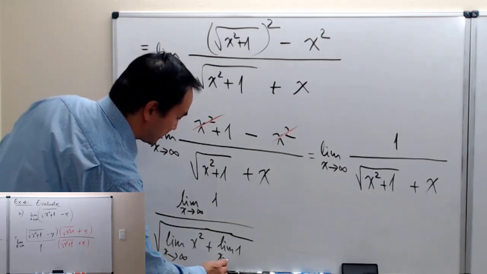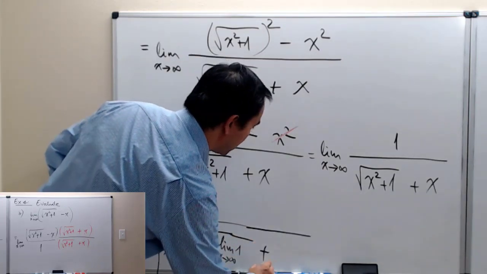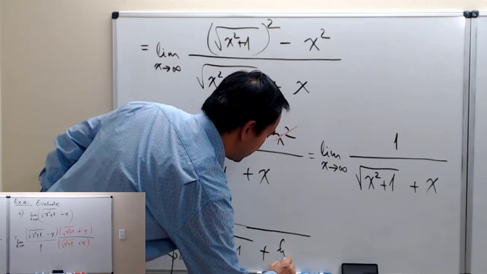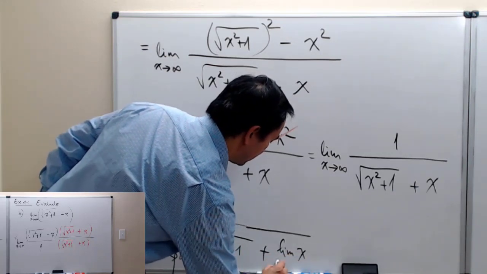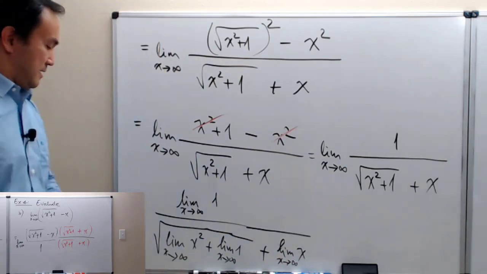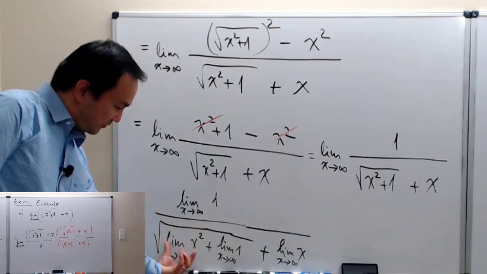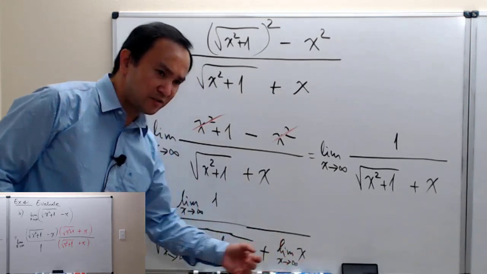Then in the denominator, it's still altogether plus another limit of x, x getting to positive infinity. Each one of these will give you, well, that one is a positive infinity, that one is a 1, that one is a positive infinity.